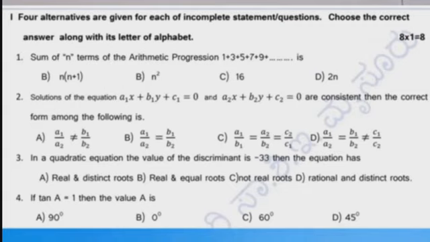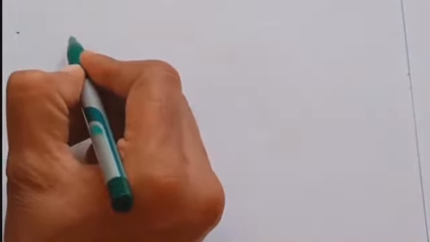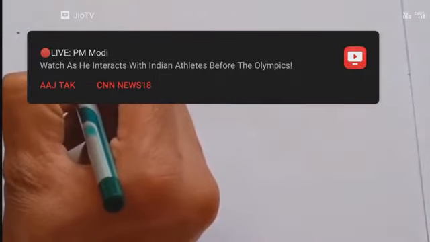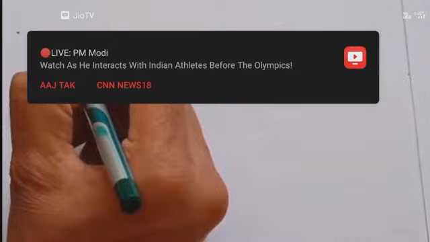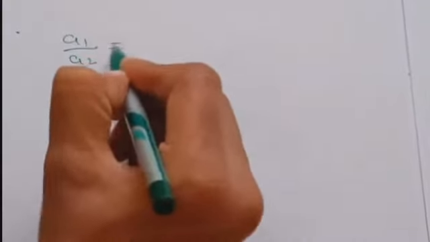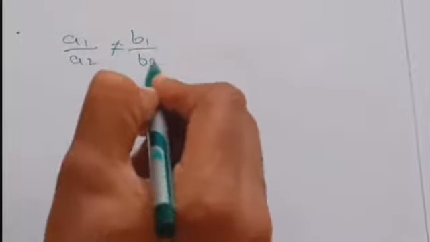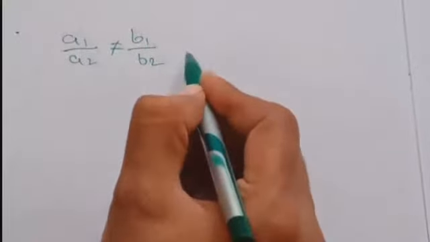Now how to solve this? Let me say it clearly. Children, when a pair of equations is consistent, then the correct form will be A1 by A2 is not equal to B1 by B2. Also I will say in the graph it will be intersecting lines.